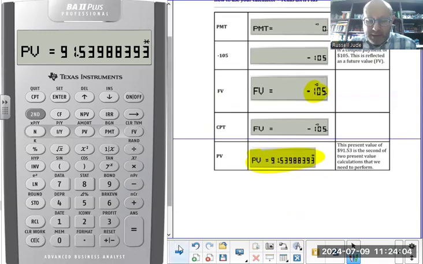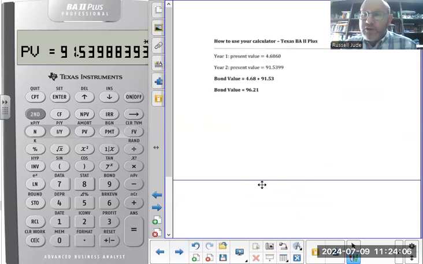Now I'm coming to work out the value of my bond. The value of a bond, or the price of the bond, is really the present value from year 1, which I did on my calculator to get to 4.68, plus the present value from year 2 of 91.53. Sum those two together, and I get a bond value of 96.21.